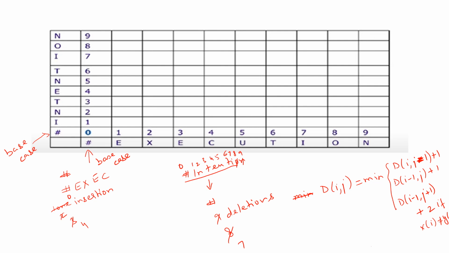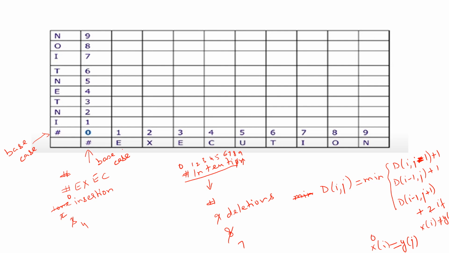If the characters are the same, if x of i is equal to y of j, then I need to add 0 to this one.